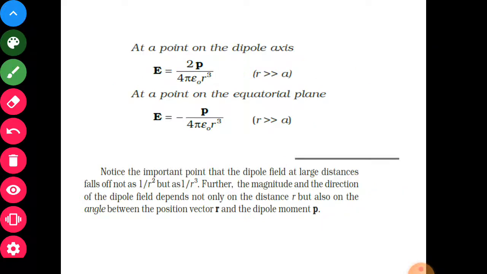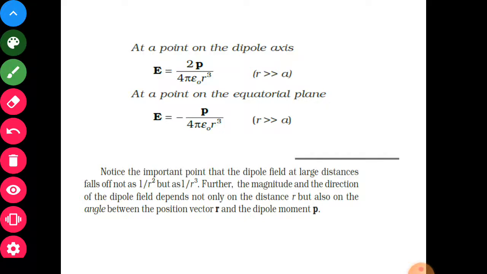Further, the magnitude and the direction of the dipole field depend not only on the distance r but also on the angle between the position vector r and the dipole moment. So the electric field depends on the position vector of the point where we are finding the electric field.